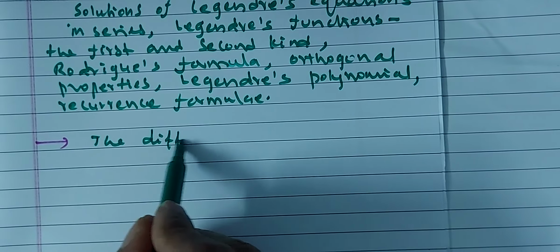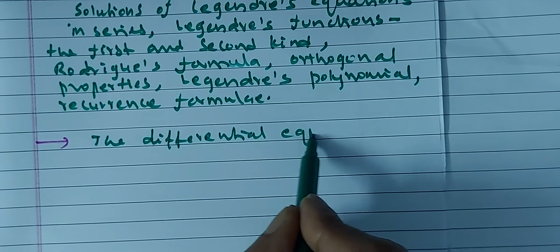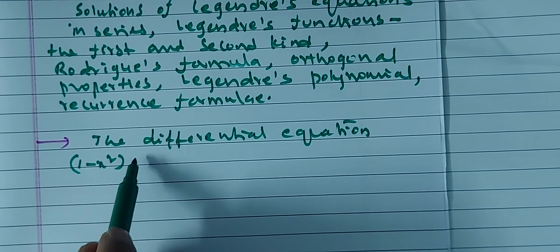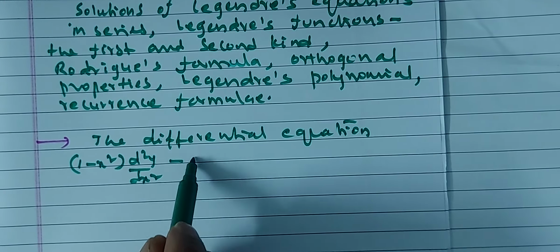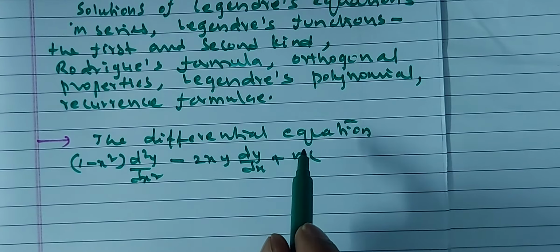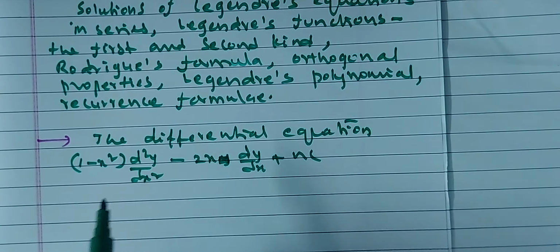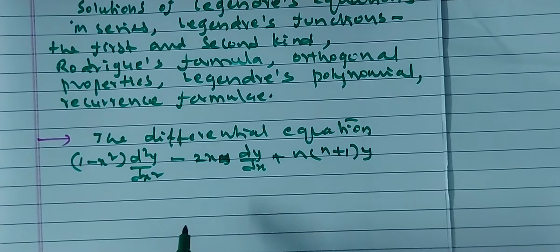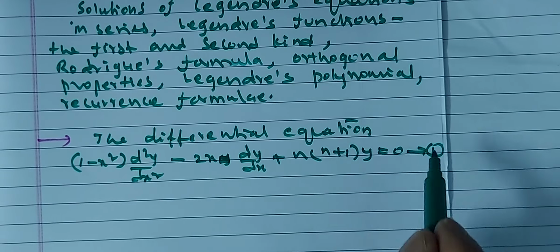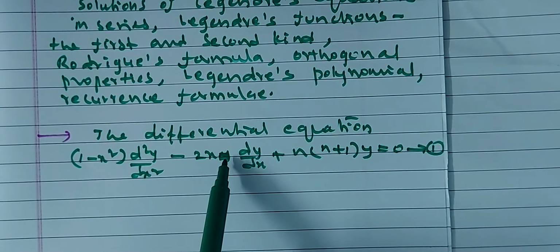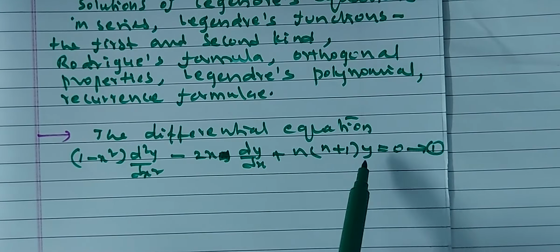The differential equation (1 minus x square) into d square y by dx square minus 2x into dy by dx plus n into (n plus 1) into y is equal to 0.